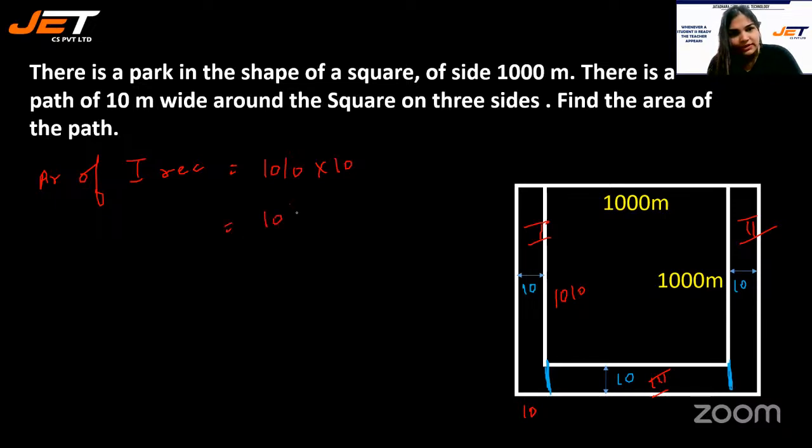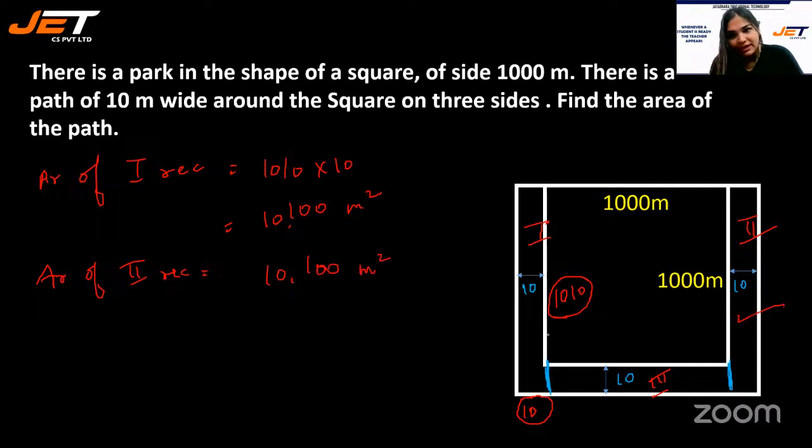So it will be 10,100 meter square. Because I took this length and the breadth. It was 1,000 earlier, 10 added 1,010, and this is 10. Similarly, the area of second rectangle will also be the same, 10,100 meters square because the measurements are same.